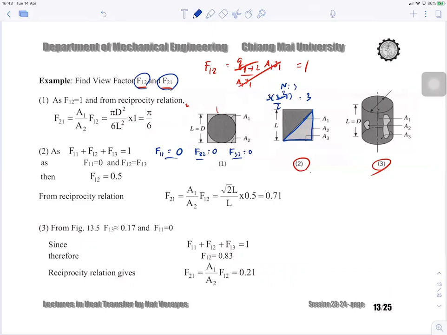However, if you take a look, you know F11 plus F12 plus F13 equals 1. And you know that F11 equals 0. So right now, you know right away F12 equals F13. You know it too because of the symmetry.